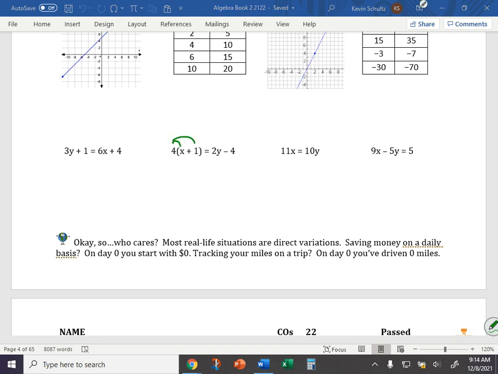The first thing you should do is distribute, and then get y by itself. For all 4 of these equations, you want to get y by itself, and then see if that b value is 0.